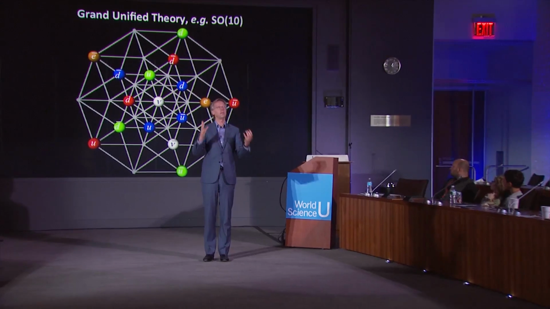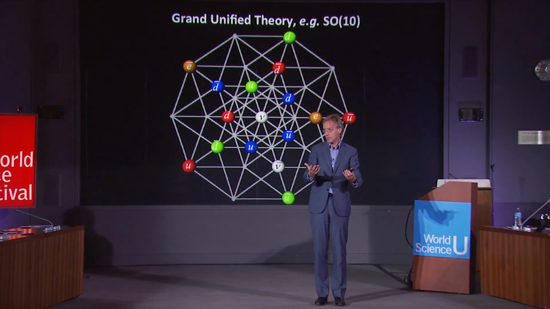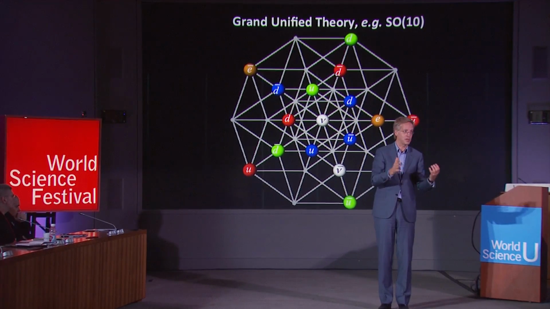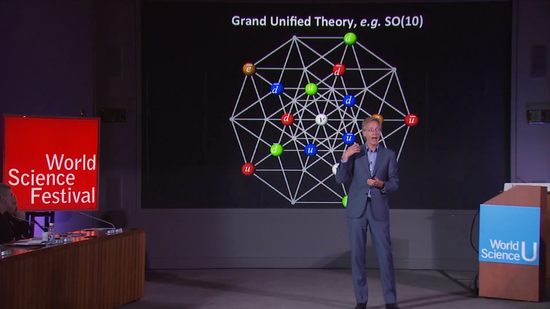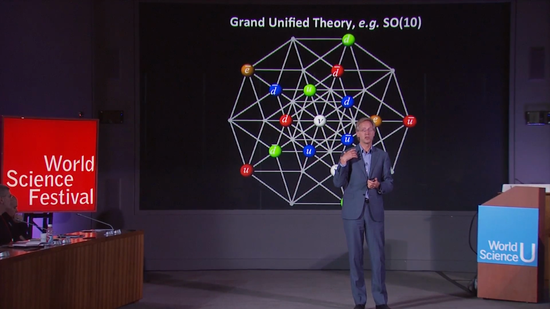Now, whenever you unify, that's a familiar pattern. You unify, so you simplify, but at the same time you also produce more effects, and you're predicting more effects. Time and time again we have seen this. So any of these attempts to unify the Standard Model will give suggestions of other particles.